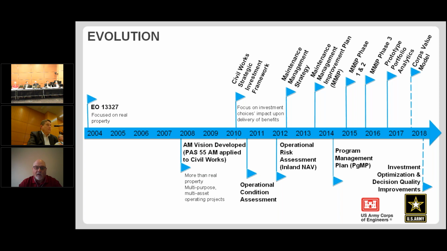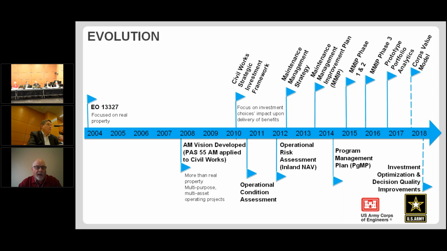Anyway, from there we've evolved, developing a maintenance management strategy, which has evolved into the maintenance management improvement plan. We have a program management plan now for asset management within the Corps.